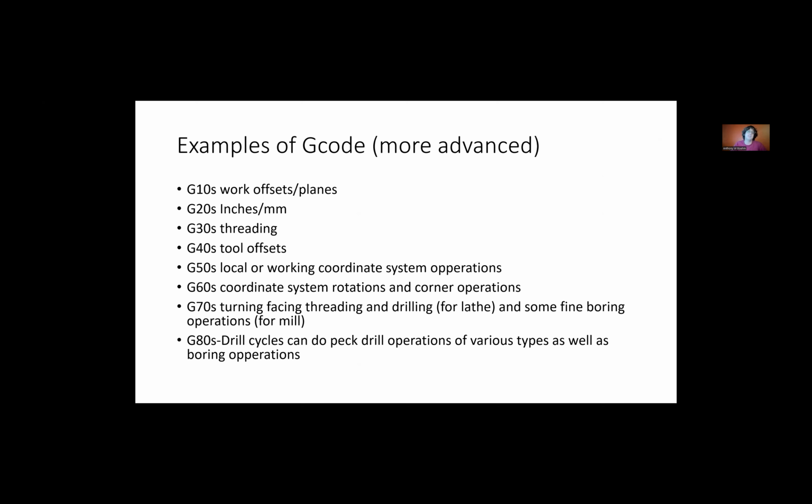Okay. And then your G80s are your canned drill cycles. Okay. So those can be kind of handy. You could call it a G80 and then just give a bunch of specified locations and it'll take the drill and drill it in several locations. And you don't need to specify how high up or down you need to go because that will be all built into your G80s.